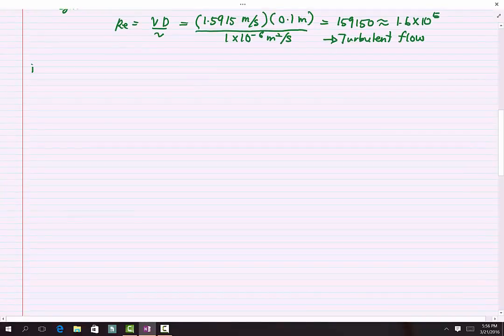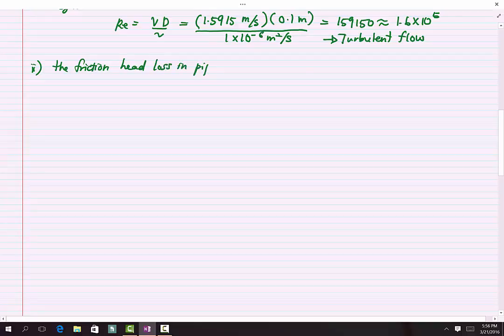Next is to determine the friction head loss in the pipe, or in other words, we have to determine the major losses. To determine major losses, we will use Moody's chart.